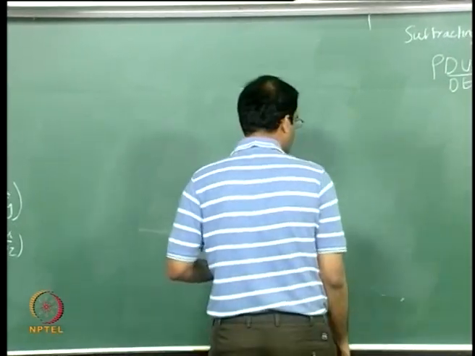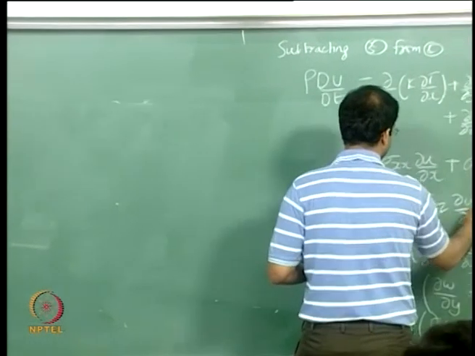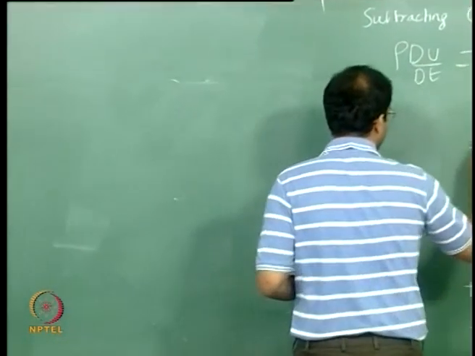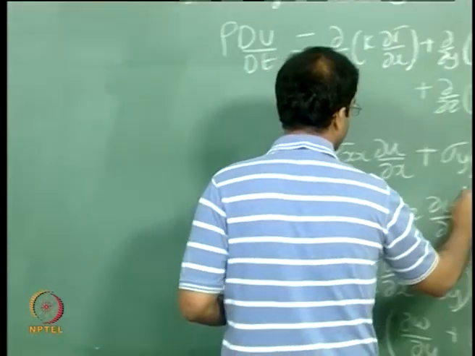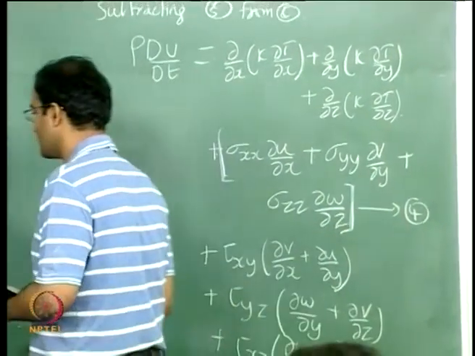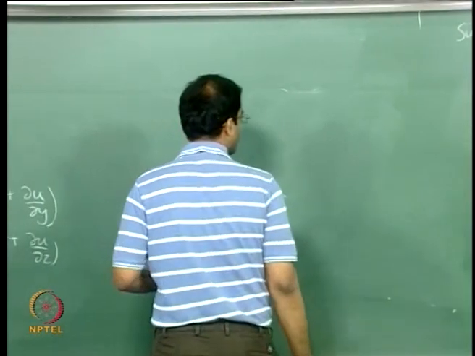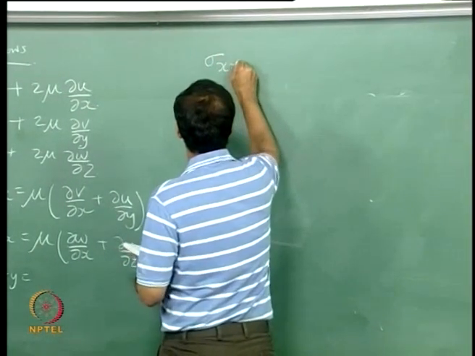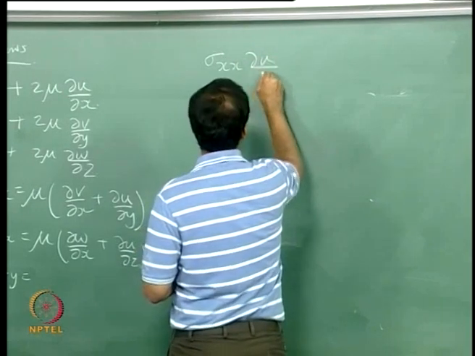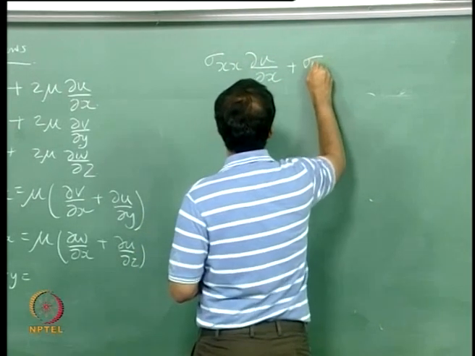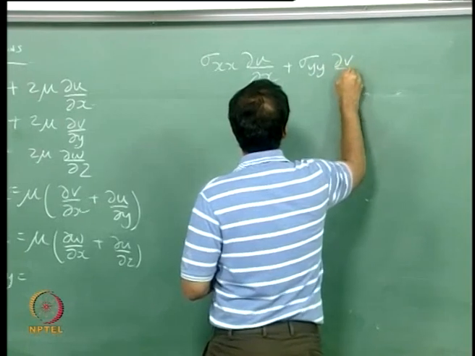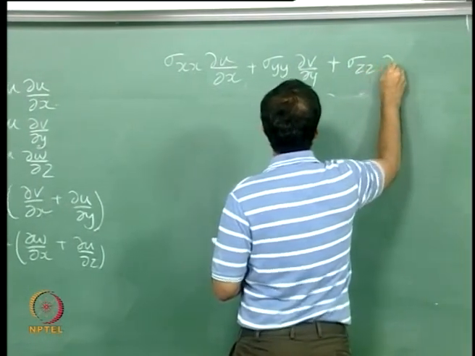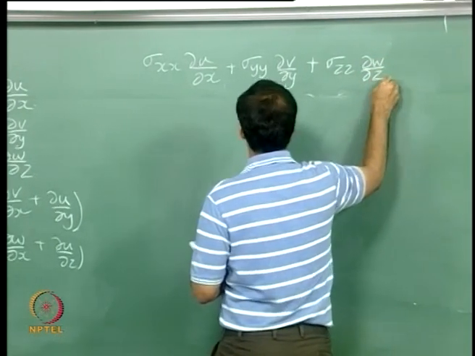What I am going to do is take just this term right here, which I can highlight, and express it in terms of velocities. So my sigma xx du by dx plus sigma yy dv by dy plus sigma zz dw by dz.